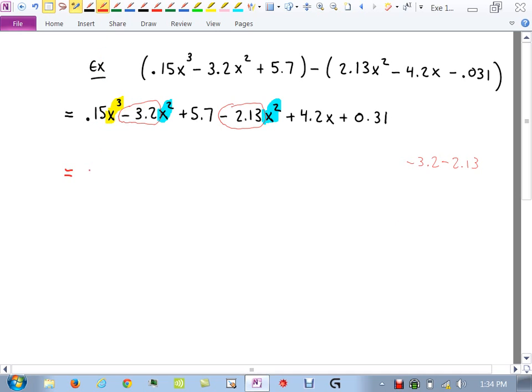So here's what I'm going to put. The 0.15x cubed, I haven't messed with that. This became negative 5.33x squared. The x terms, do I only have one x term? Oh, okay, cool. But we still have to put together the 5.7 and the 0.31. Anyone else need to sign in?